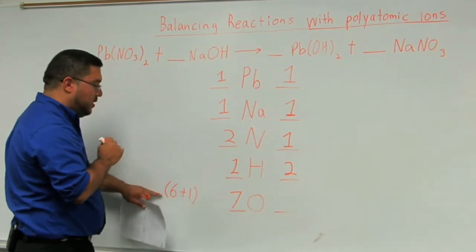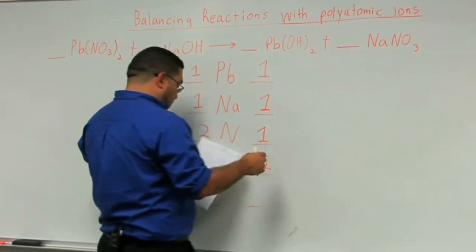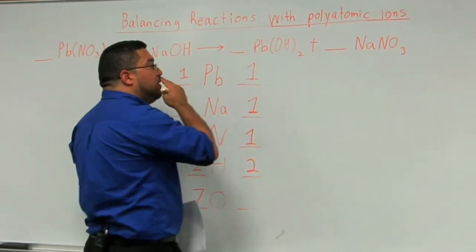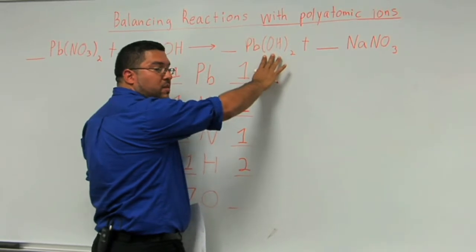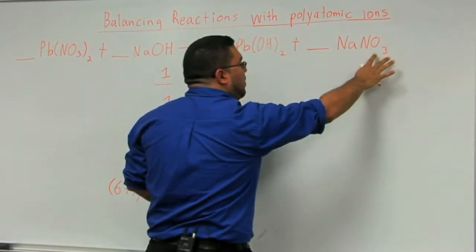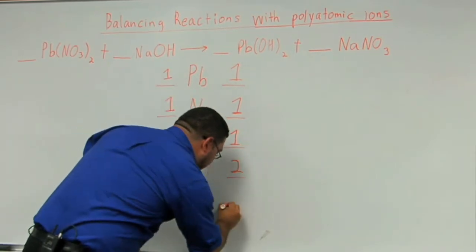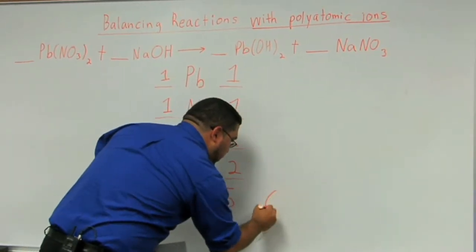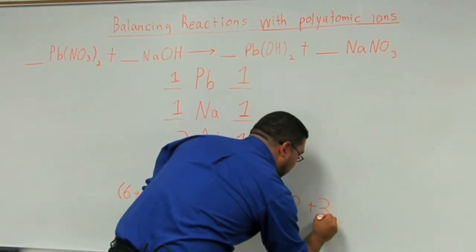So make sure you make a note of how you came up with this total oxygens. On the right side, we also have a similar situation where we have 2 times the invisible coefficient of 1 on the inside of the parentheses, plus another 3. So we actually have a grand total of 5 oxygens, and that's in a format of 2 plus 3.